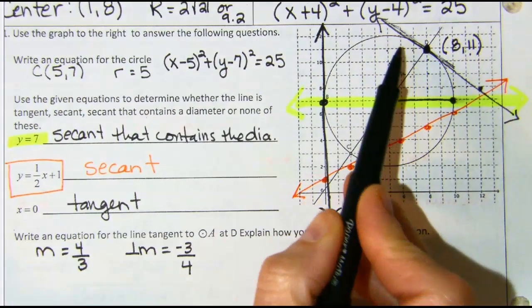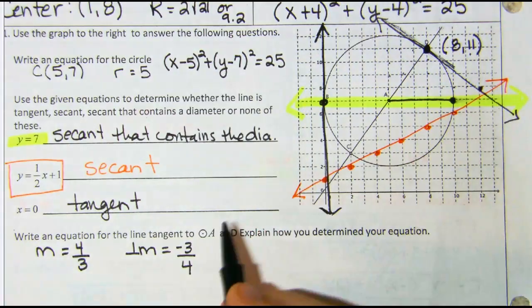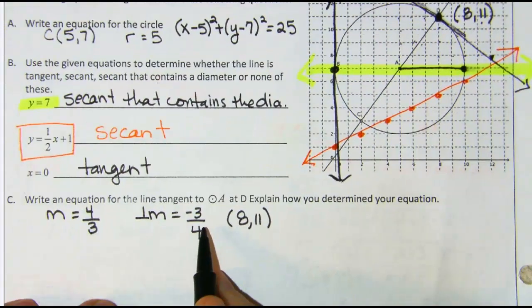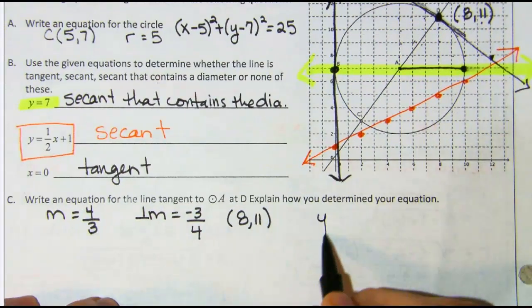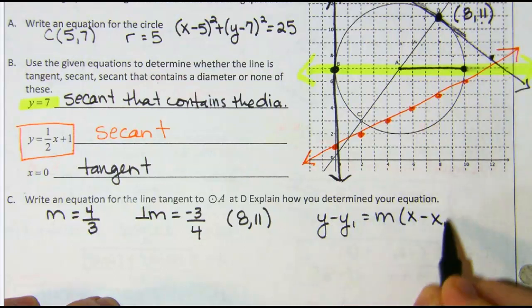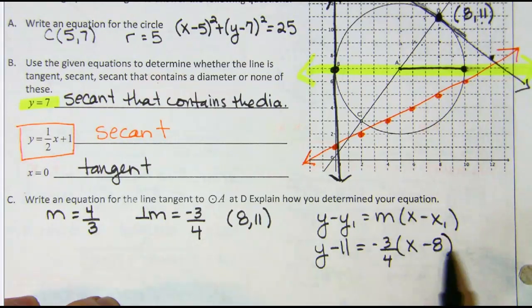Well, we can't see the y-intercept because it's off the graph, but we can use this point and this slope here, okay, to find the equation using point-slope form. So this is point-slope form. So y subtract 11 equals -3/4 times x minus 8. So y minus 11 equals -3/4 x.